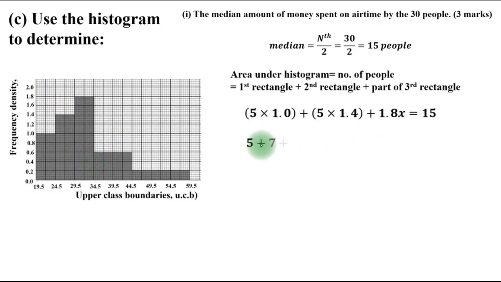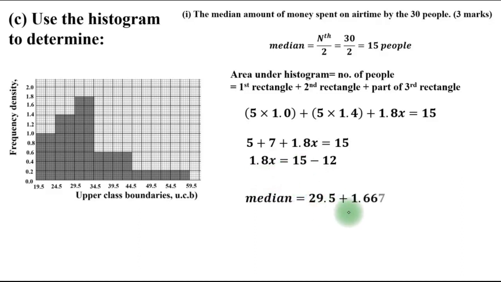So here we have 5 plus 7 plus 1.8x equal to 15. Therefore 1.8x will be 15 minus 12. So for the median class starting at 29.5, x is 1.667. So we end up getting 29.5 plus 1.667.